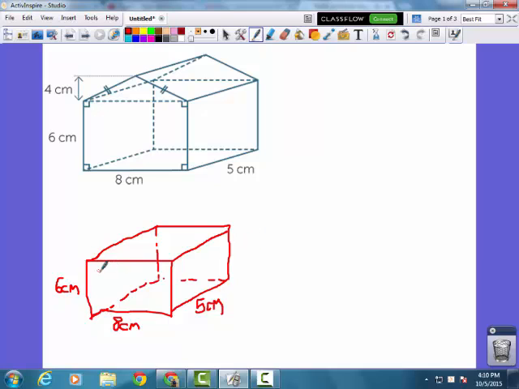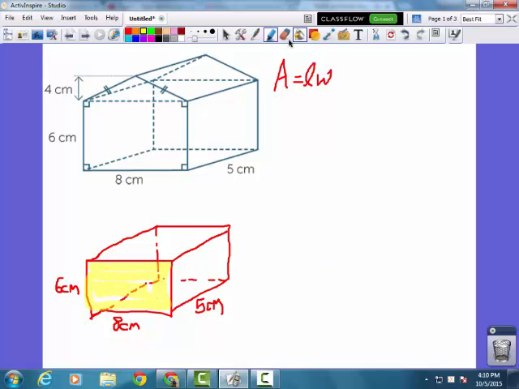If I wanted to find the surface area of, say, this front rectangle, rectangles are found by doing area equals length times width.